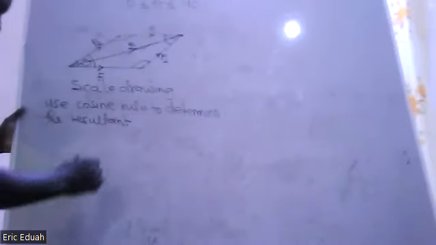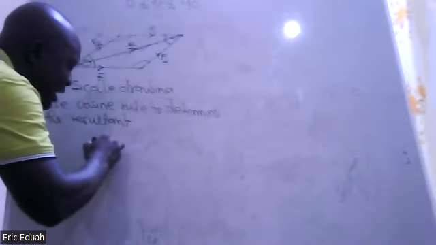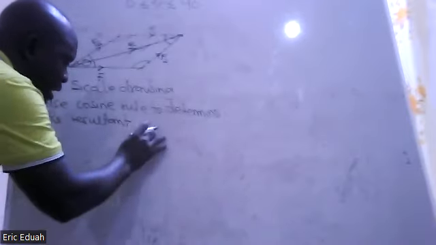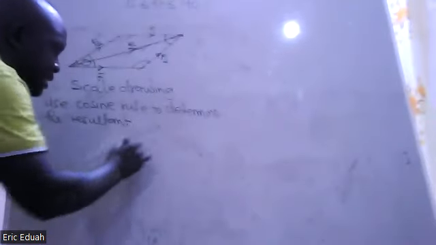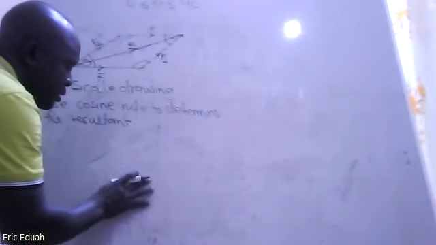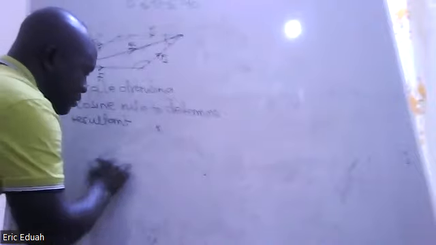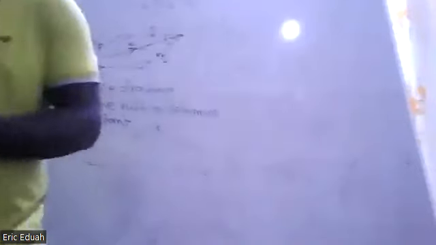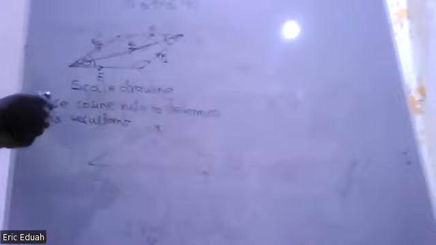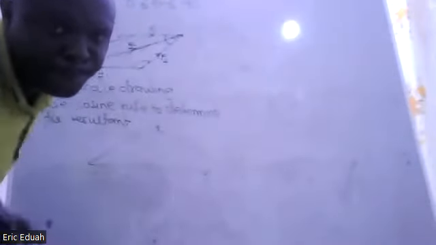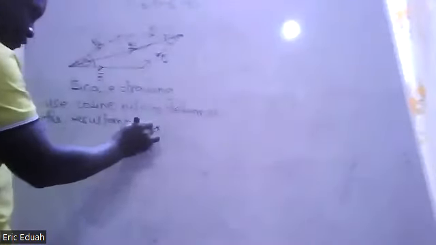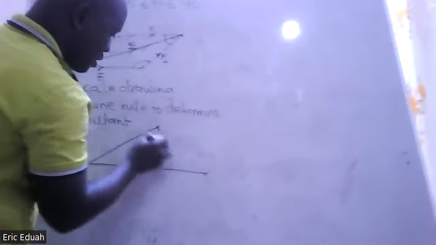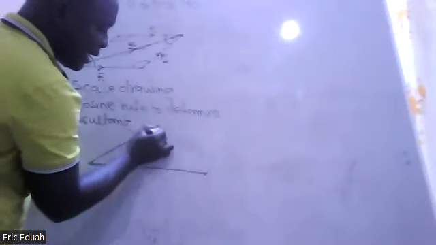The cosine rule is that if I have any triangle, it can be a right angle triangle, a scalene, or equilateral. Mirabel, are you there? Yes, please.